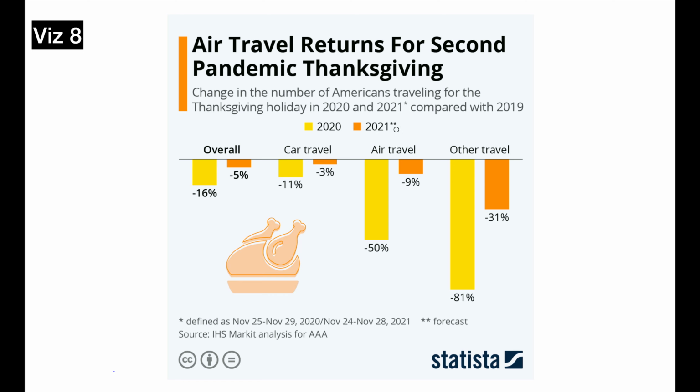Whereas in 2021, travel had increased, not to 2019 levels, but closer to 2019 levels. And by now, recently, we've just had a record amount of travel for Thanksgiving post-pandemic.